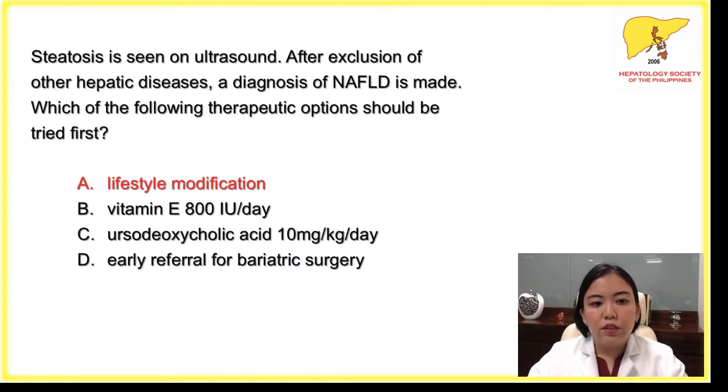The answer for initial therapeutic option is, as always, lifestyle modification. Lifestyle modification, more than pharmacologic therapy, will have a greater impact on outcomes. Bariatric surgery should be considered if both non-pharmacologic and pharmacologic interventions fail.